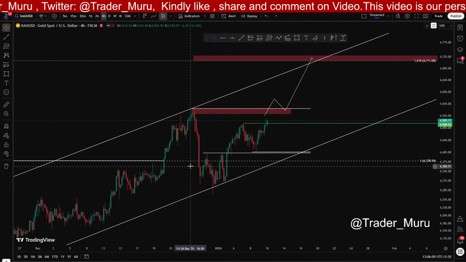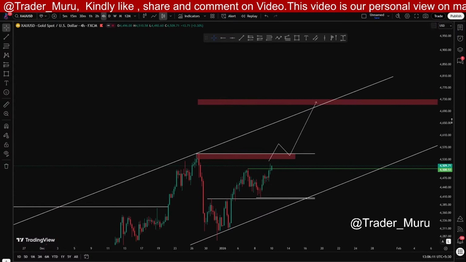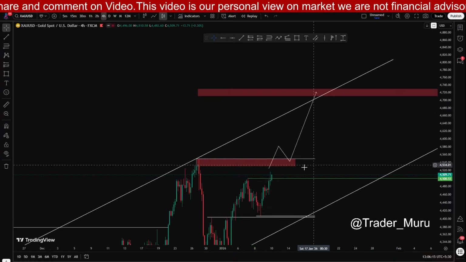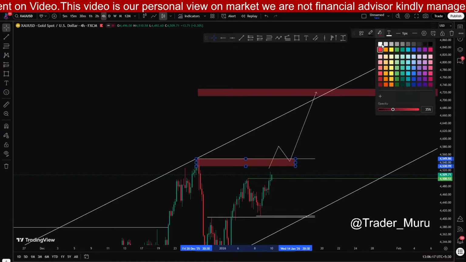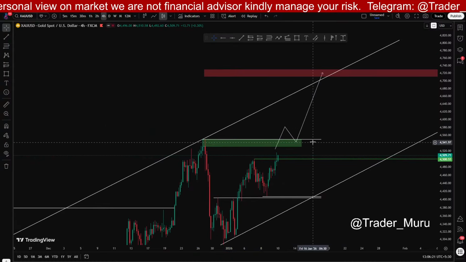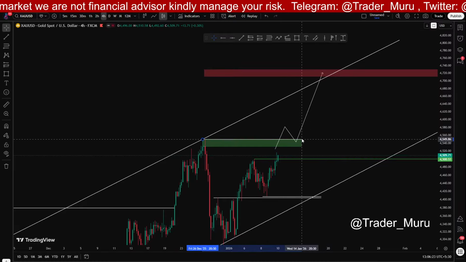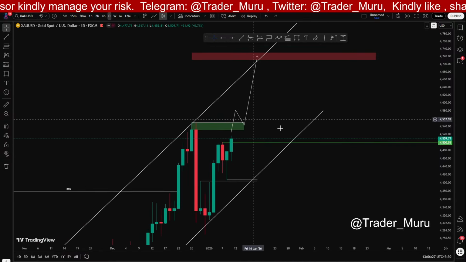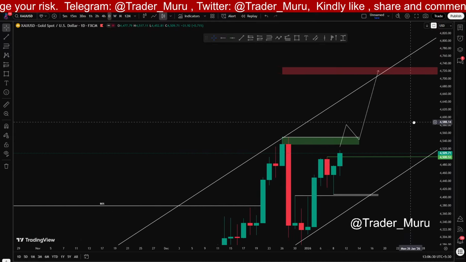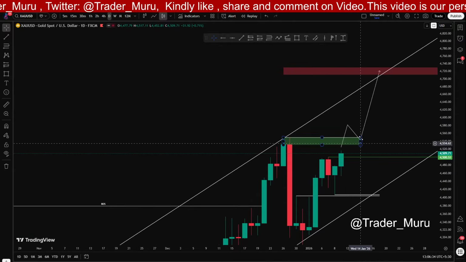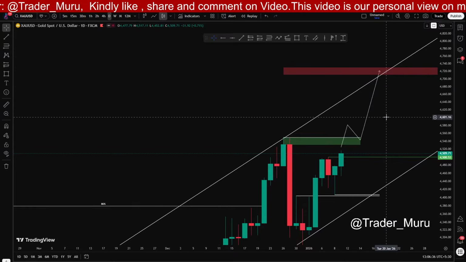We don't need this now. Our target is defined, and for that target we need a flip of this zone in the daily time frame and weekly time frame. Because this is a daily time frame structural area, we need a flip and retest, then we will be watching for a buy, and this will be our target.